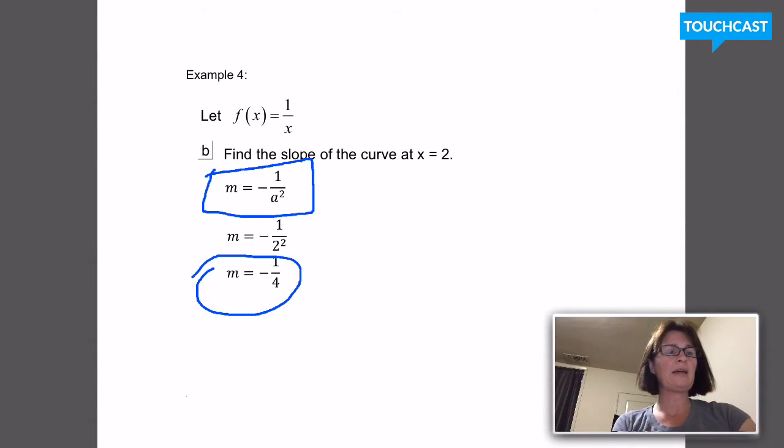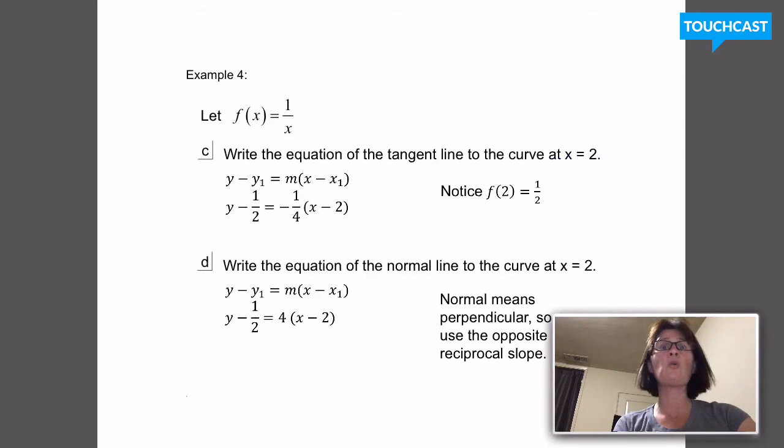I can use that now to do what the next part asks, which is to write the equation of the line tangent to the curve 1 over x at the place where x equals 2. So what information do I need to write the equation of a line? I need an ordered pair. I need the slope. Well, I just figured out in part B that the slope of 1 over x at the place where x equals 2 is negative 1/4.